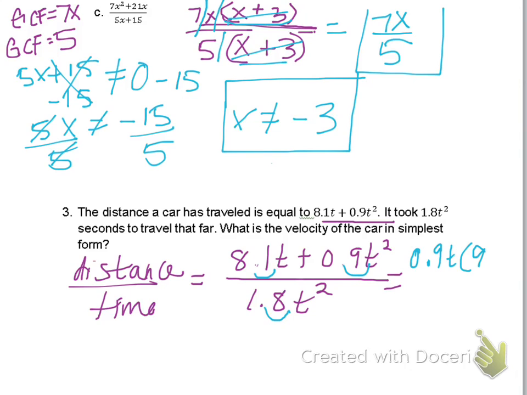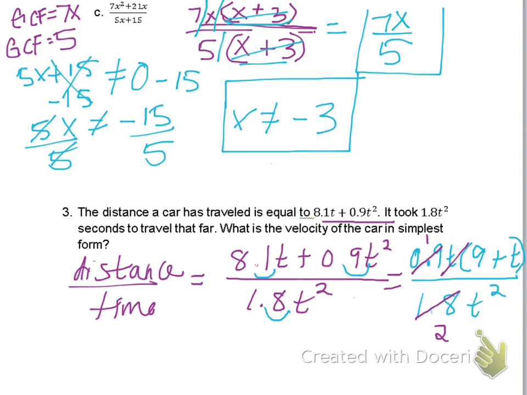And then we would have plus 0.9 divided by 0.9 would be 1. t squared divided by t would just be t. And on the bottom we'd have 1.8 still and t squared. So now I can cancel. 0.9 goes into 0.9 one time, and 0.9 goes into 1.8 two times, because 9 goes into 18 twice.